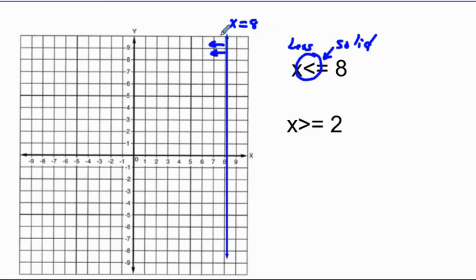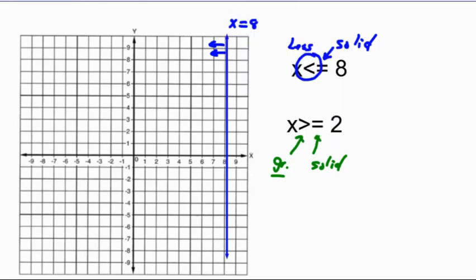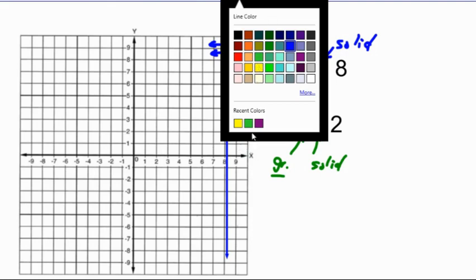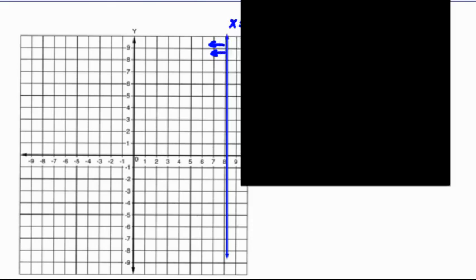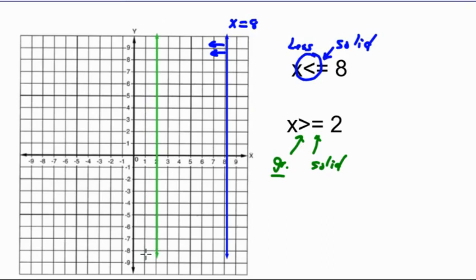Now when I look at this one, once again, I see a solid line, but this is going to be greater than, and the number is 2. So let's graph this green line with arrows and x equals 2.